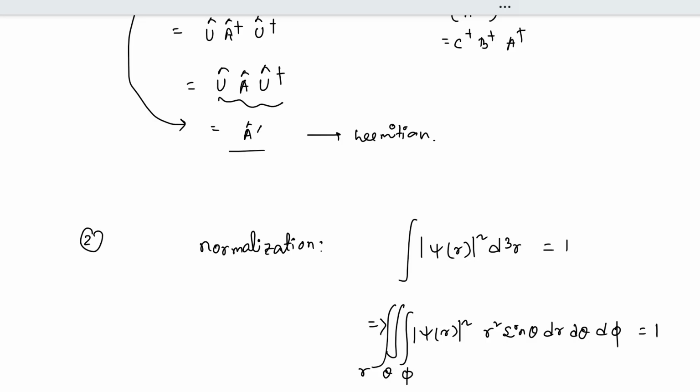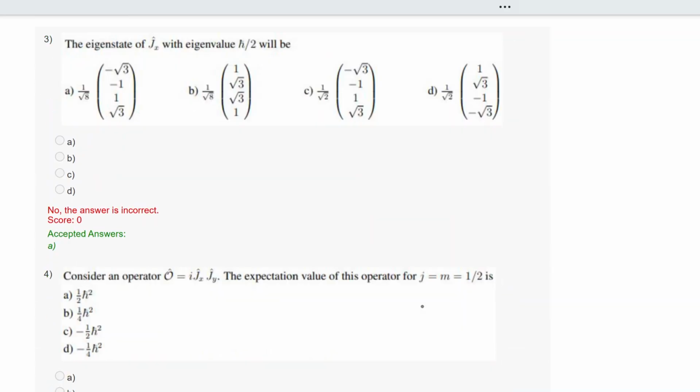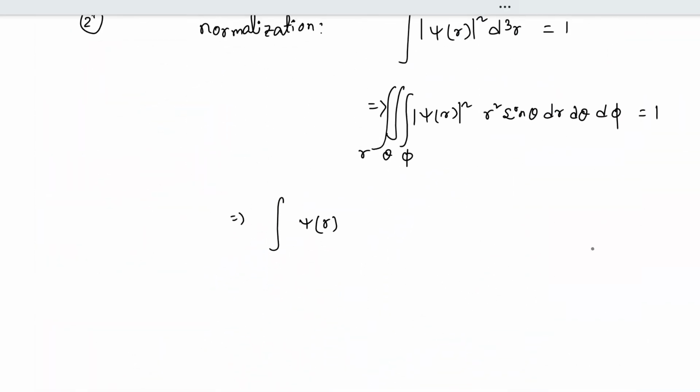Taking the variables separately, psi(r) is given as C e to the power minus r by a, which is only a function of r. Then |psi(r)| squared is C squared e to the power of minus 2r by a, then r squared and dr, where r goes from 0 to infinity.